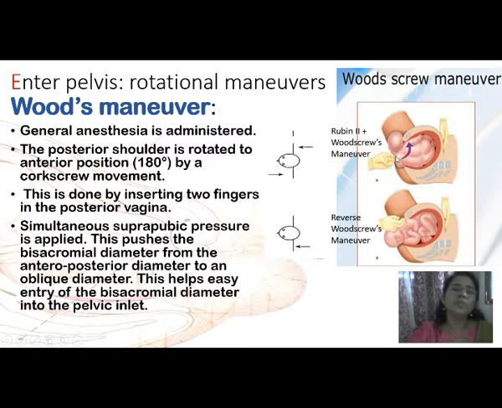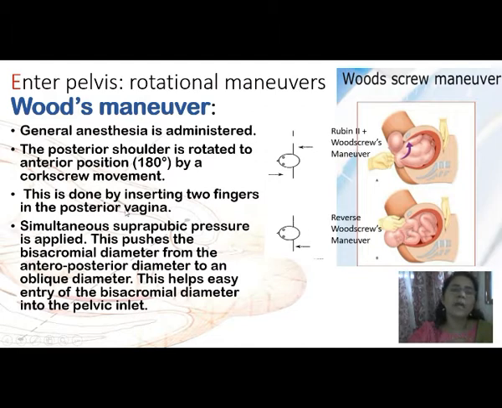Then you have to introduce the hand so that the posterior shoulder is rotated to the anterior position. By a corkscrew movement, you can rotate it. When we rotate, we will get the other arm.